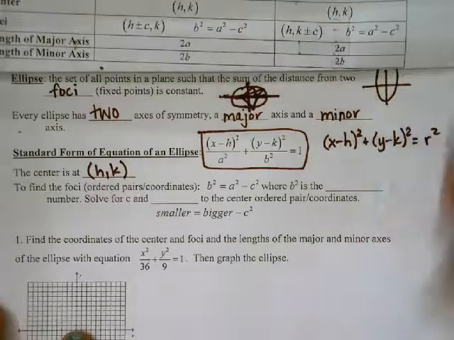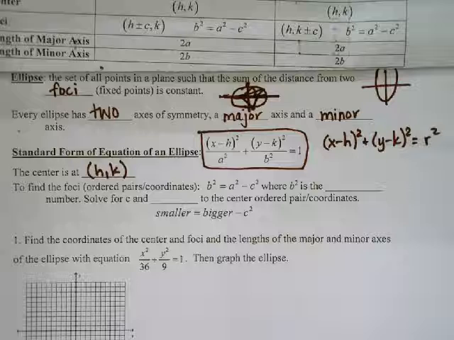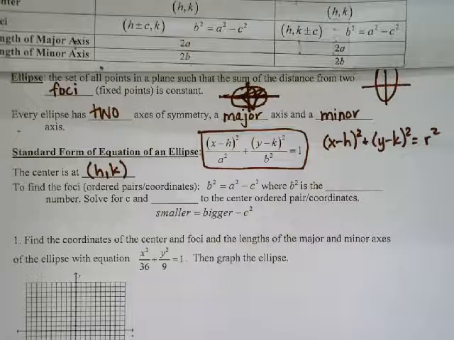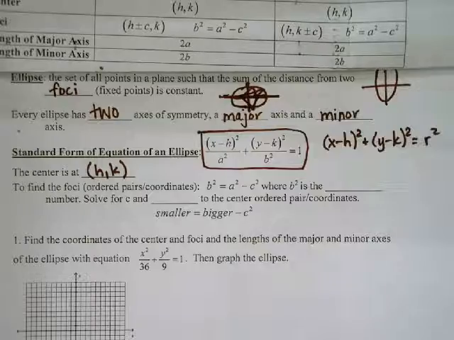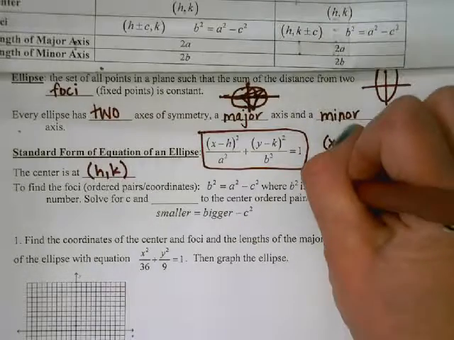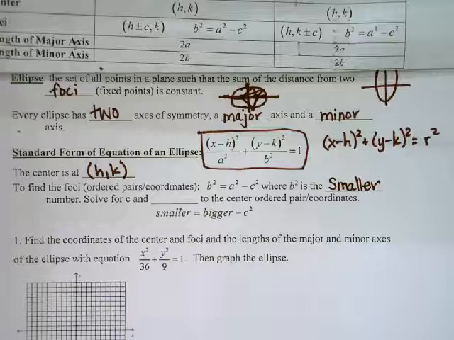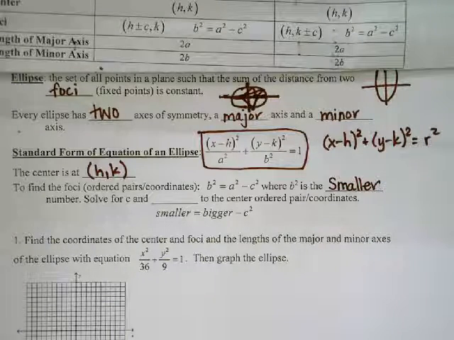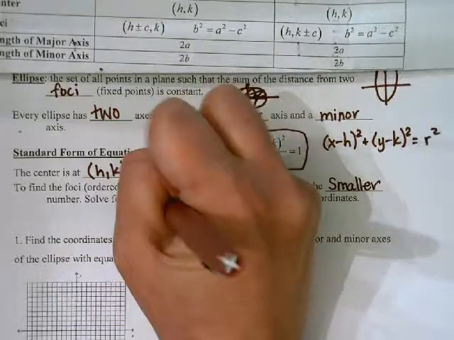Okay? So, to find the foci, they're ordered pairs, they're coordinates. We use a formula, b squared equals a squared minus c squared, where b squared is the smaller number, the smaller denominator. Then we solve for c, and then we add and subtract that to the center.